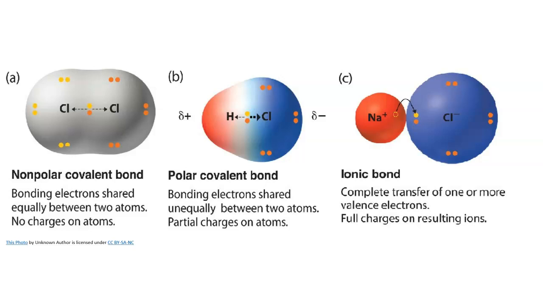Since electrons spend less time around the other atom, that atom becomes the positive end, or the electron-deficient end. Now one atom is negative and the other is positive, so the bond has two poles, like the positive and negative ends of magnets. This is called a dipole, and bonds with a dipole are polar covalent bonds.